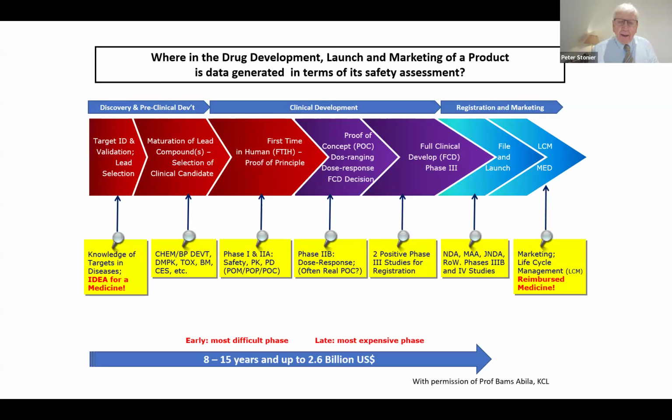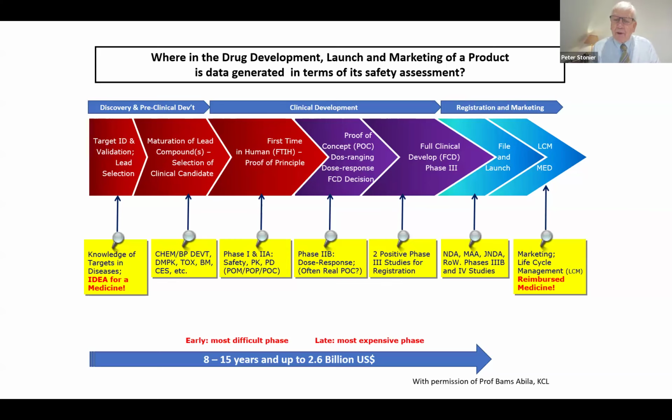And we can see here a stylistic diagram of the drug development stages from discovery and preclinical development through clinical development into registration and marketing. You will be extremely familiar with this diagram, I'm sure.